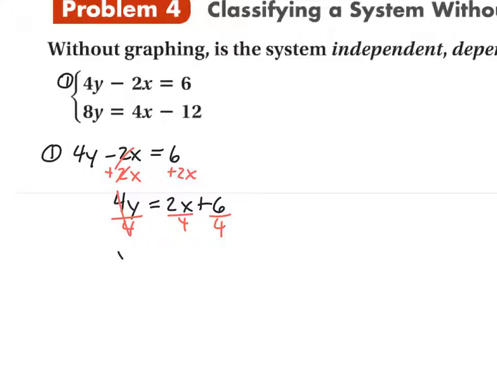So y equals 2x over 4, 1/2 x, plus 6 over 4, 3 halves. 3 over 2. Yep. Okay, so the slope is 1/2 there. All right, well, let's take a look at equation number 2.